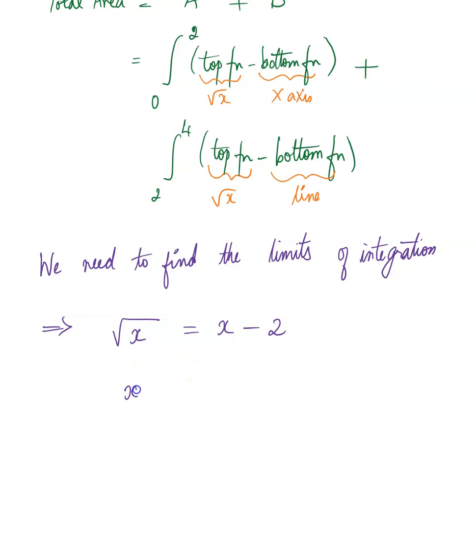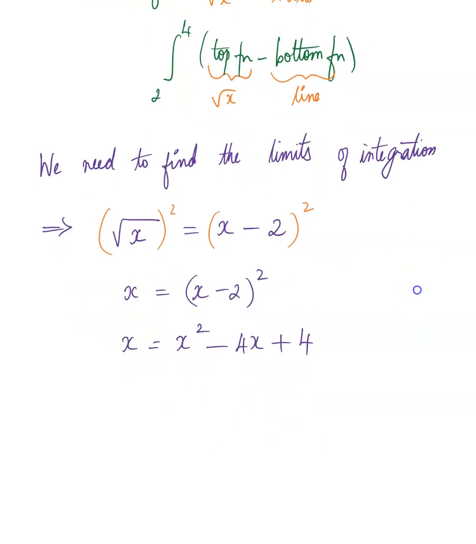Square both sides, so that's going to be x equals x minus 2, the whole squared, which is x squared minus 4x plus 4. A squared minus 2ab plus b squared.